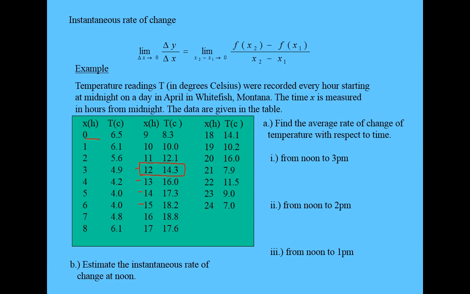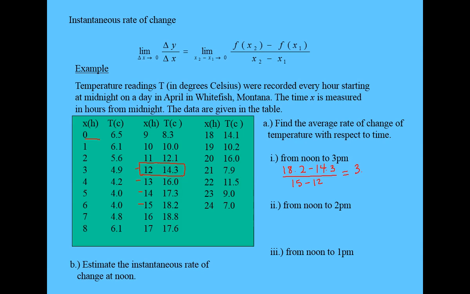Average rate of change, we're going to use the difference quotient. So we'd have 18.2 minus 14.3 divided by 15 minus 12. Let me see if I can do the math here.